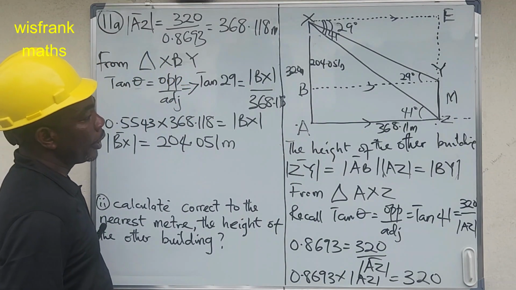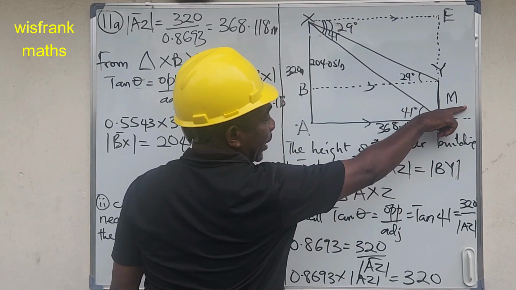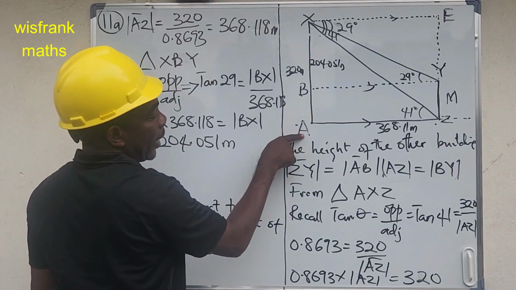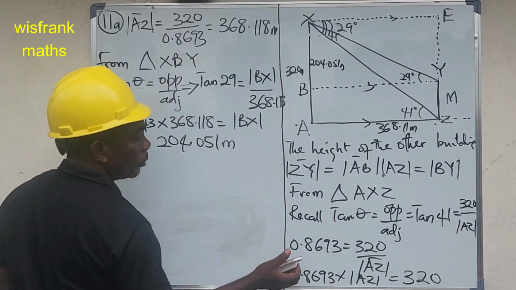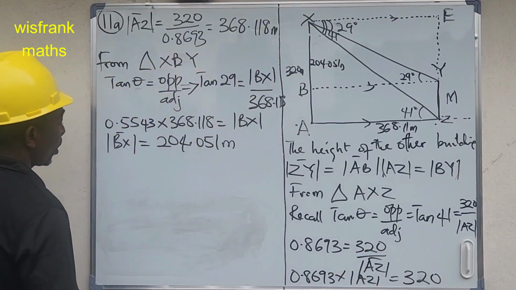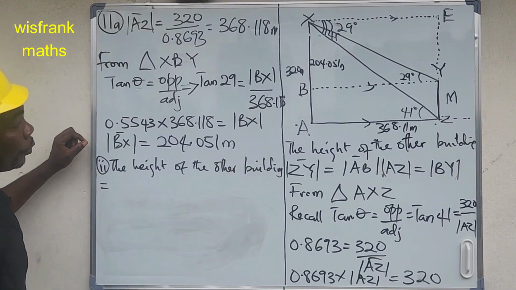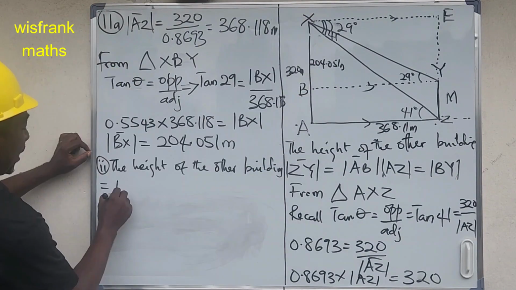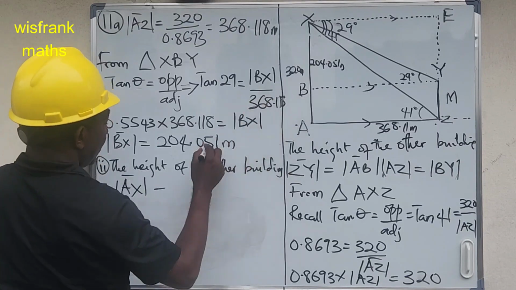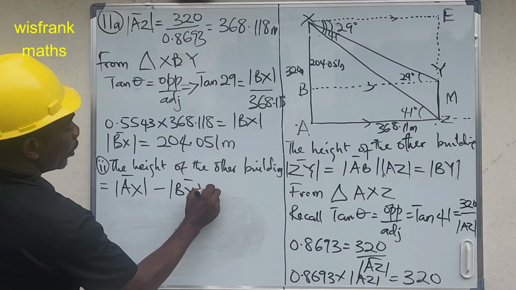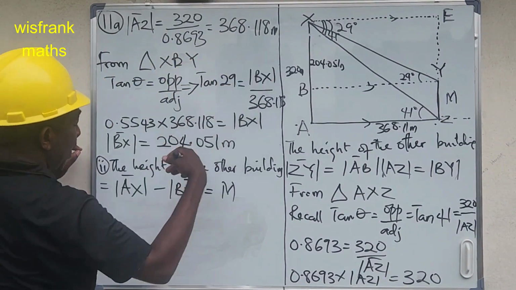What we are looking for is the height of the other building, which is ZY, and we say it is M, and it will be the same thing as AB. So the height of the other building equals the total length line AX minus line BX, which will give us M. Now we substitute.